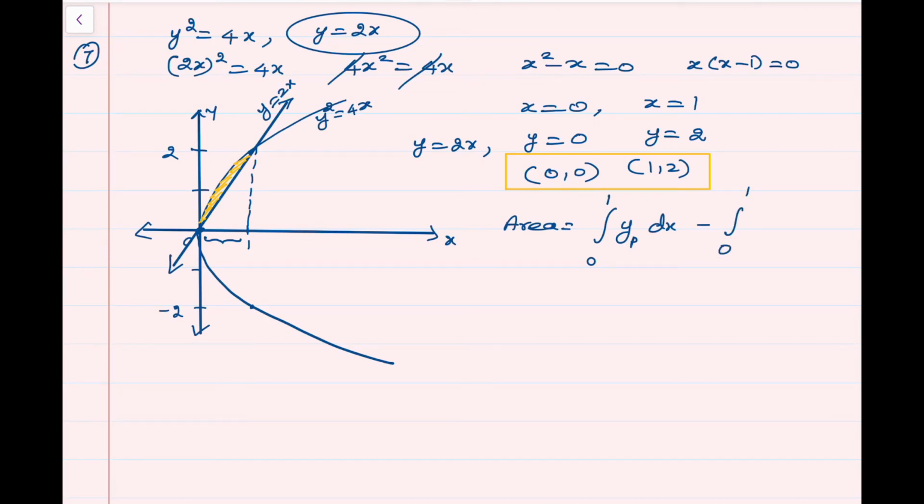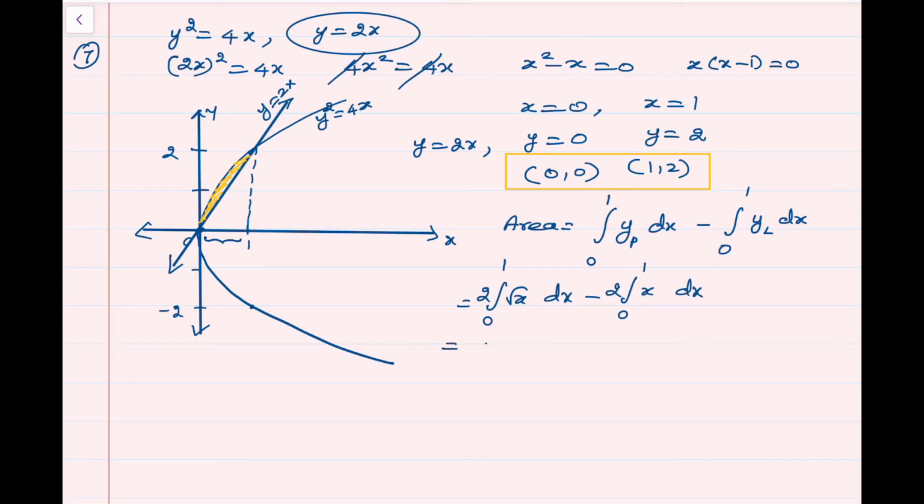For lower curve also the limits are 0 to 1. Lower curve is line. So, y of line dx. Let us substitute. Y from parabola equation is root of 4x, which is 2 root x dx. Integral 0 to 1 of y from the line equation is 2x dx.